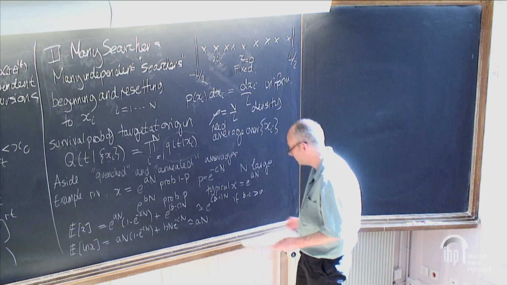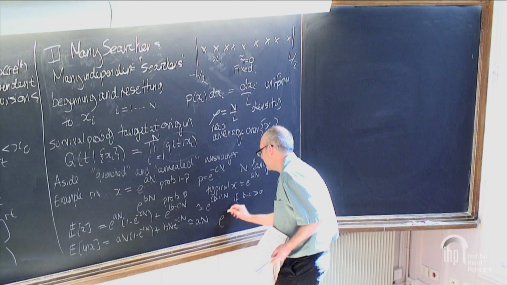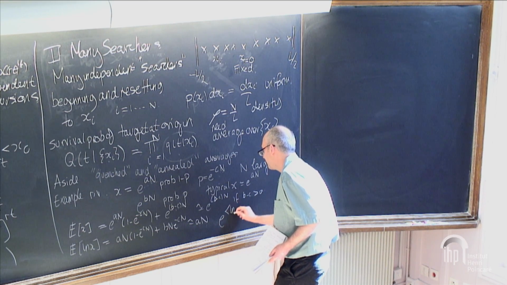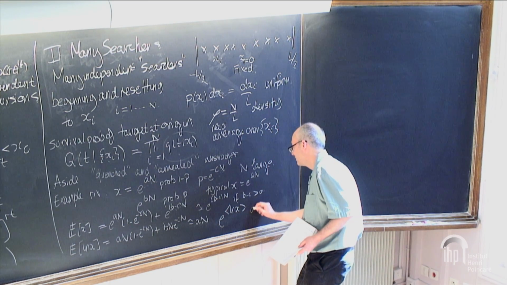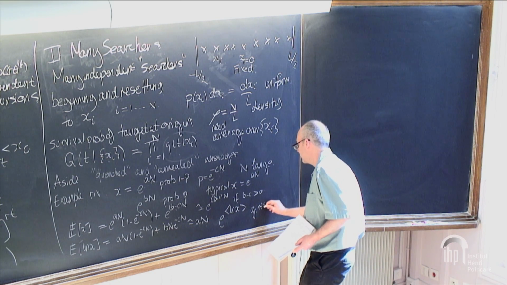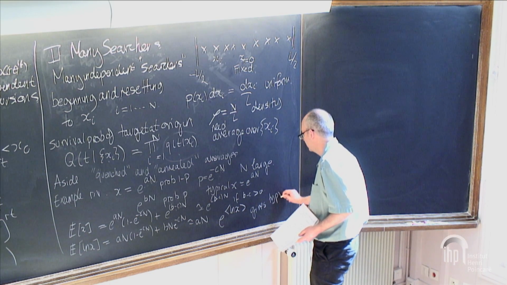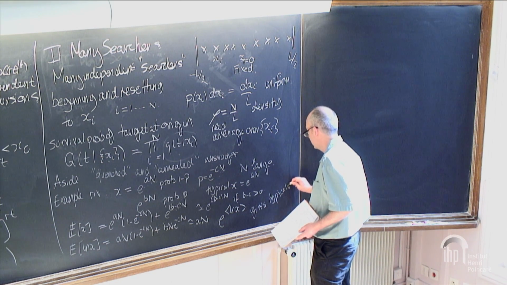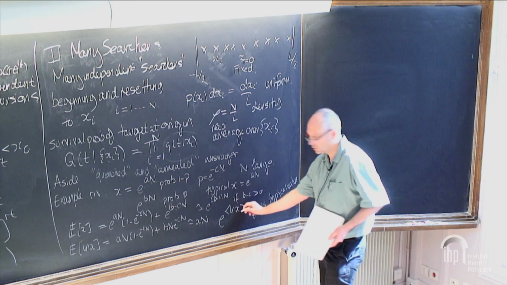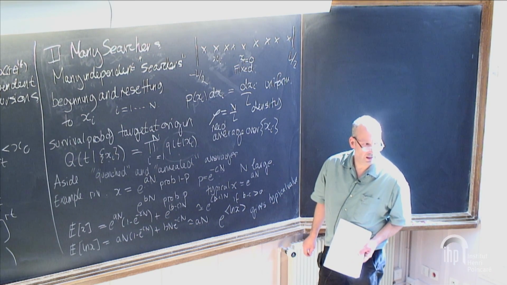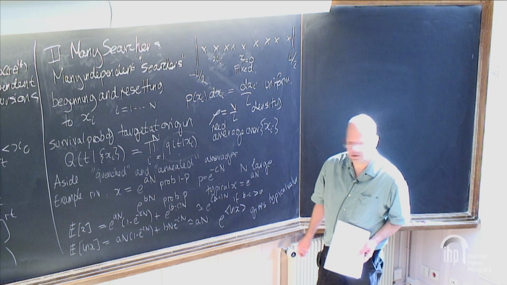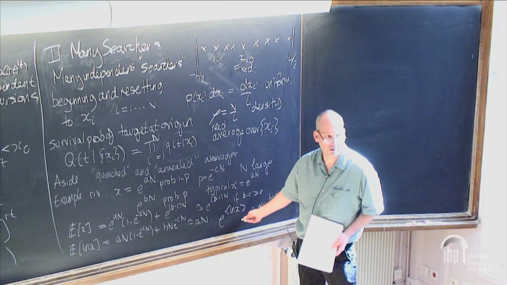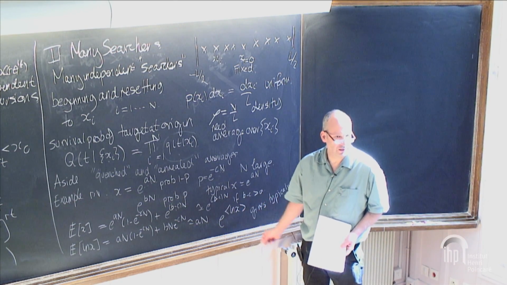And so the exponential of the average of log x gives the typical value. That's what is referred to as the quenched average. All it means is that we take the average of the log and then exponentiate it.